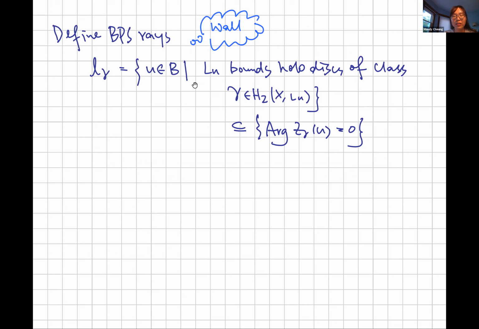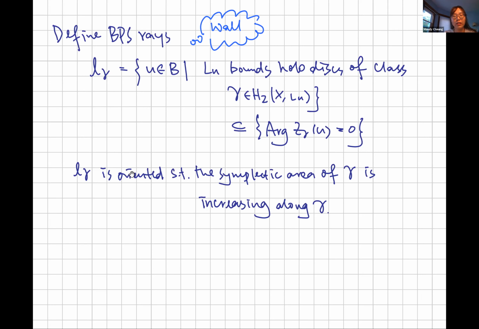At least from my understanding in terms of symplectic geometry, it is not very clear whether this BPS ray is an affine line or not. It is very clear from the scattering diagram point of view, sort of, but it is not very clear whether this is affine or not.